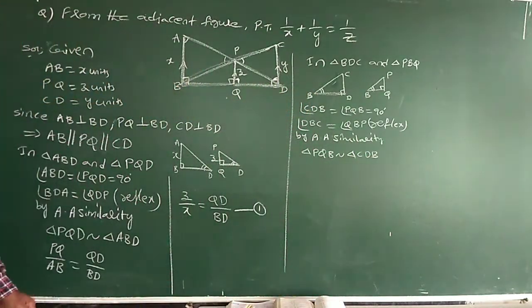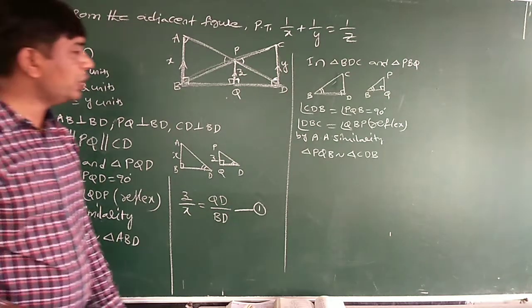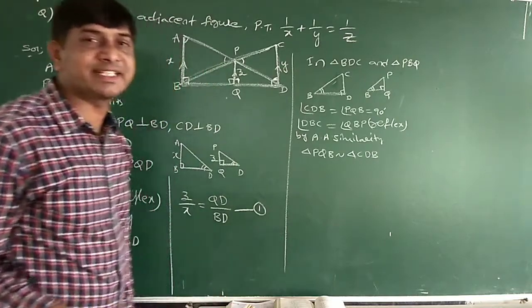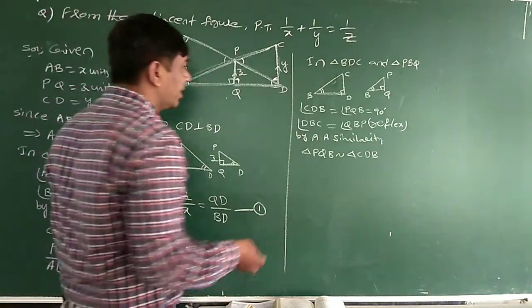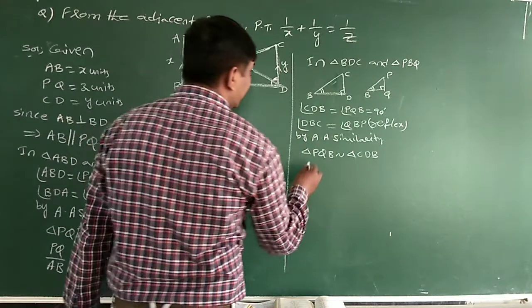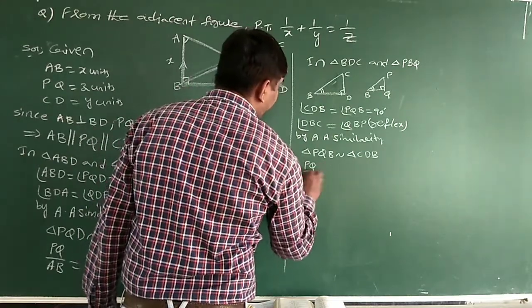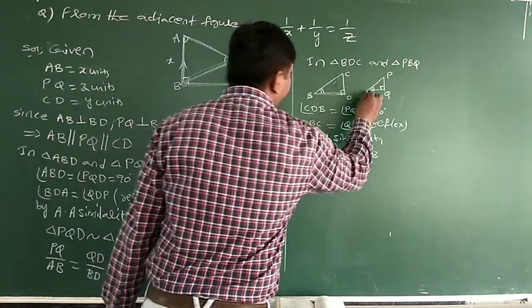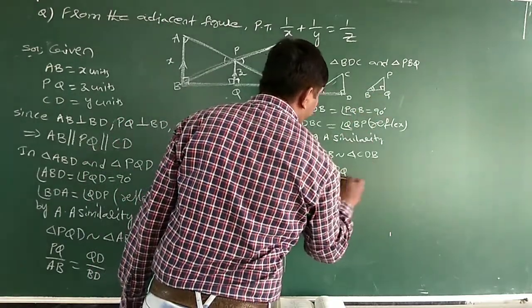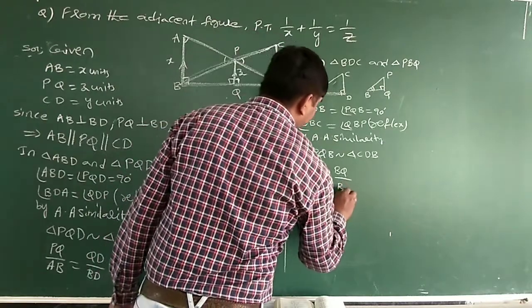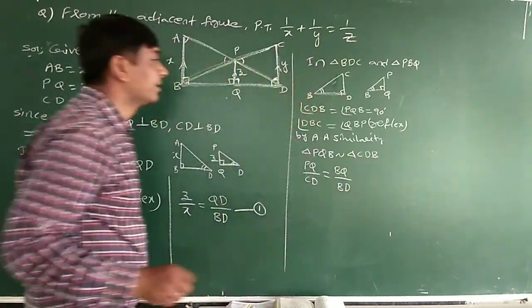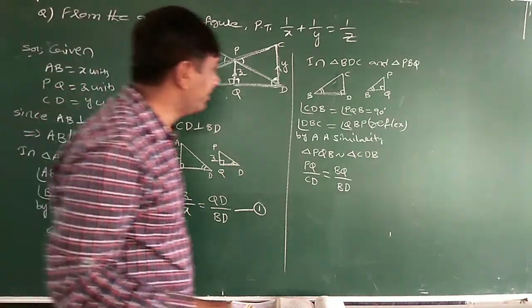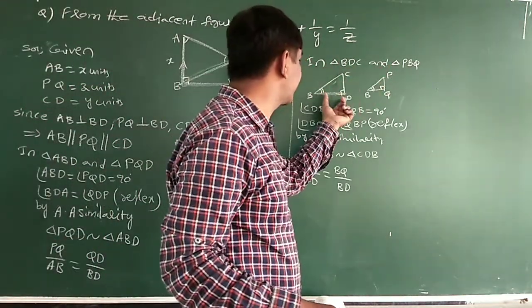Their corresponding sides' lengths are proportional. Again the same property here. PQ by CD is equal to BQ by BD. PQ by CD is equal to BQ by BD. Corresponding sides' ratios are equal.